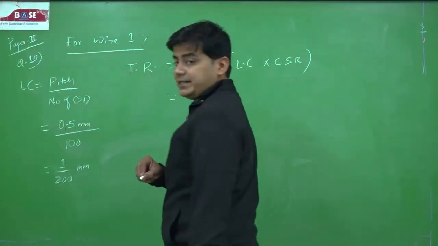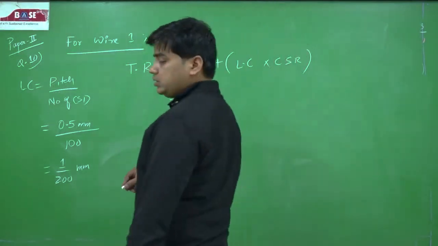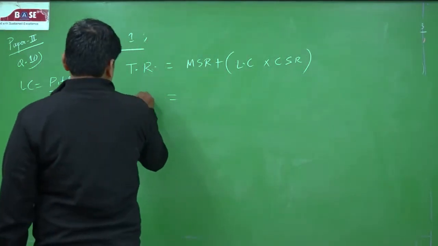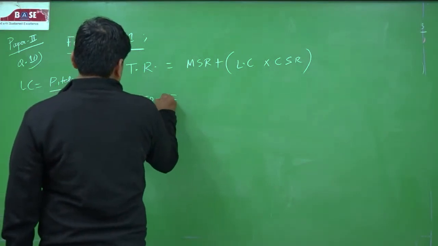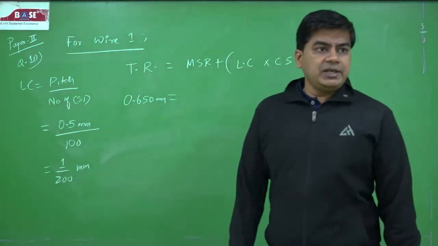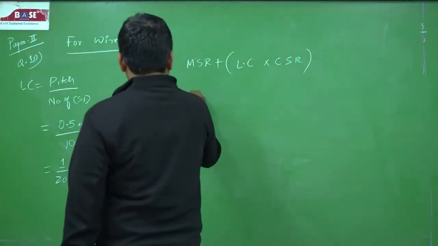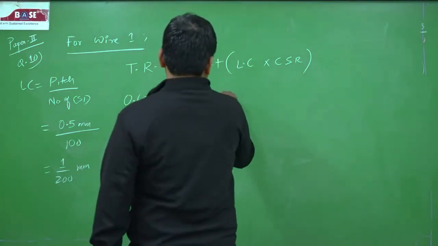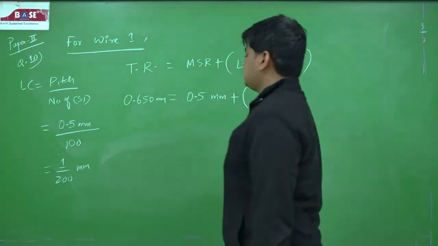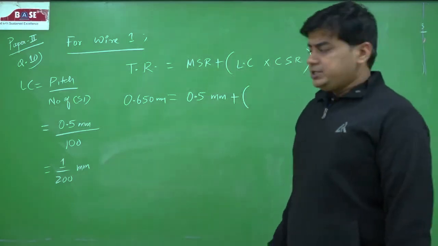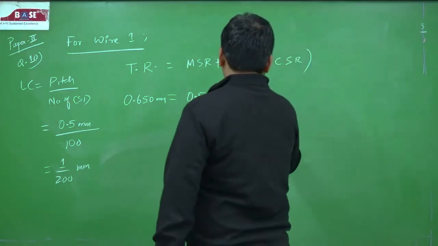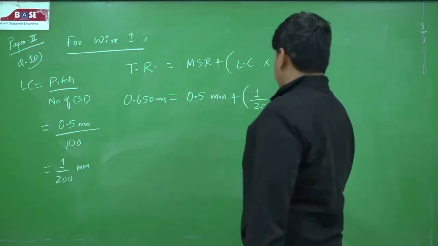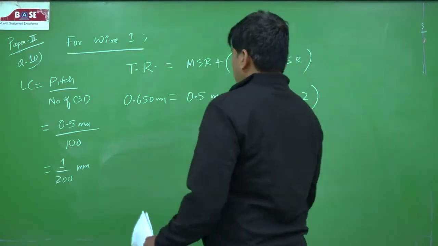The total reading for the first wire is given as 0.650 mm, which should equal the main scale reading of 0.5 mm plus the least count 1 by 200 multiplied by the circular scale division, 42.